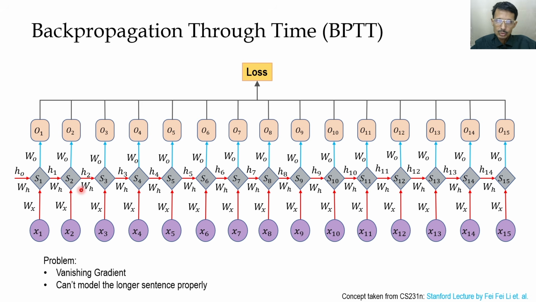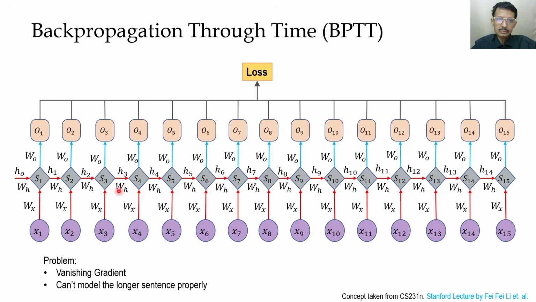So for output O2 and O14, if these two words are somehow related, this relation may not be modeled properly. That's why RNN has a general problem that it can't model longer sentences properly. We will see this in detail and how to solve it.